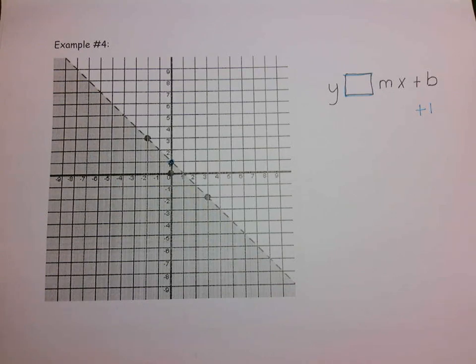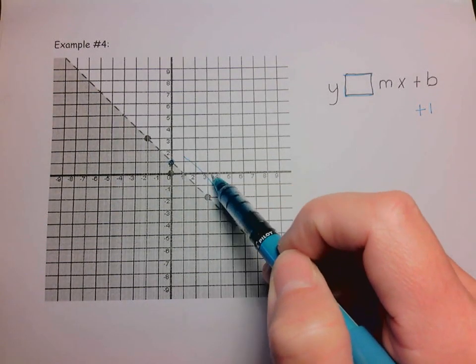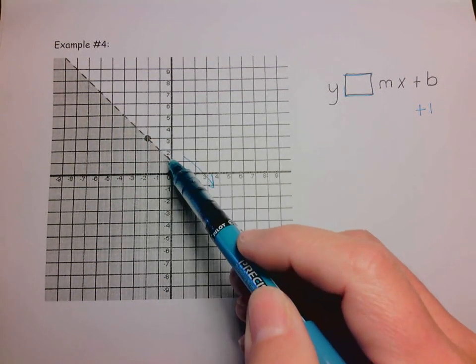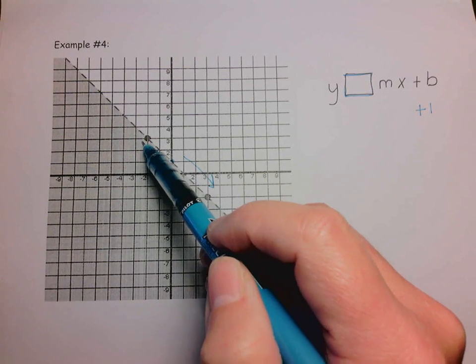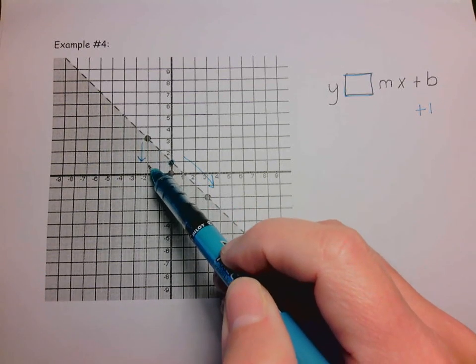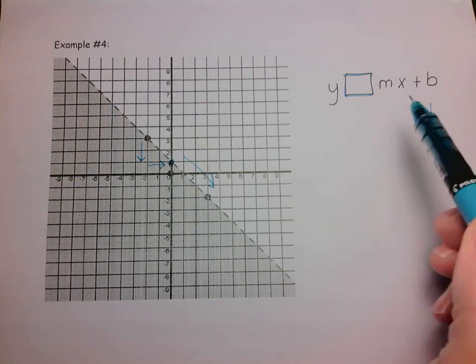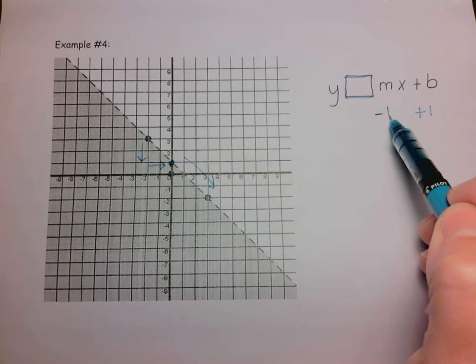Your slope is going to be negative. And what am I doing in order to go from one point to the next? Here I'm going down 2 and then over to the right 2. So my slope is -2/2, or I can say -1. So my slope, or my m, is going to be -1.